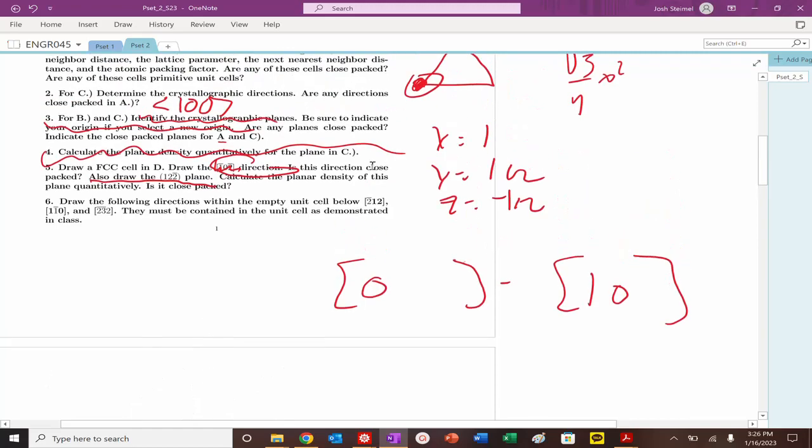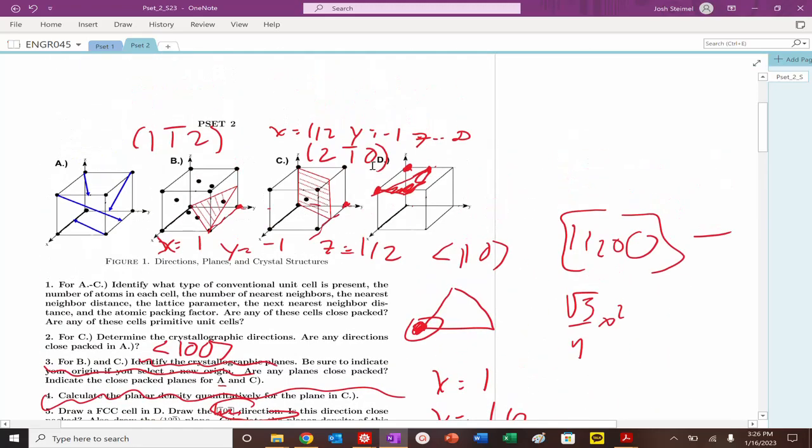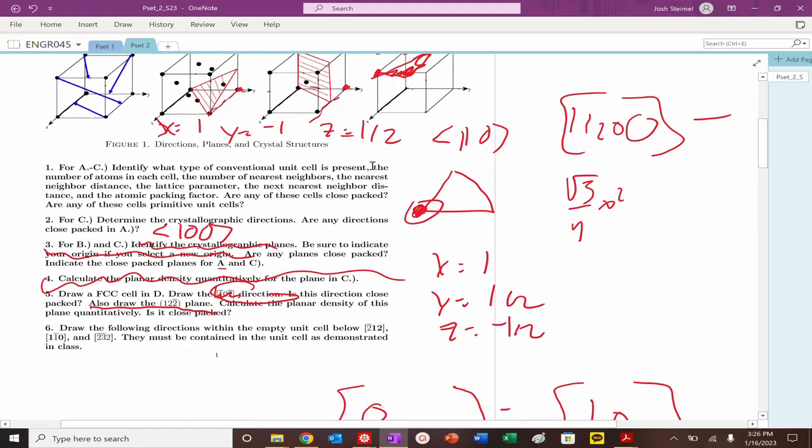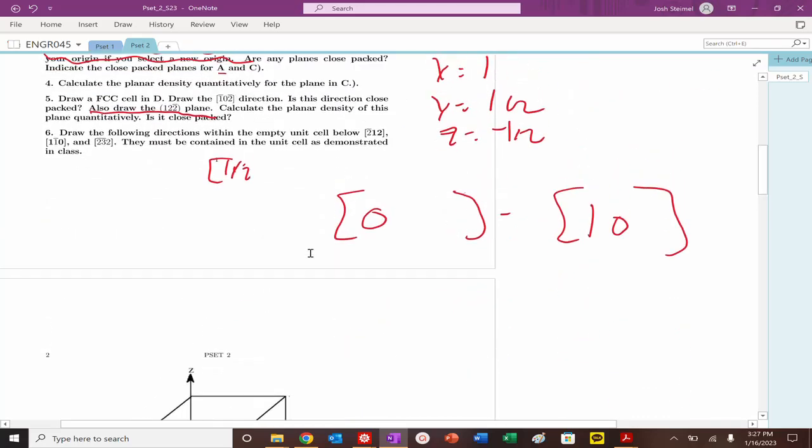Actually, let me recheck my answer up here on the basically the 102. So the 102, that had to be basically a half. I think I did that one right. 1. There you go. All right. Just double checking. Sometimes. All right. 0 minus 1. Excellent. That has to be a half. Good. And then this has to be 1 and a 0.